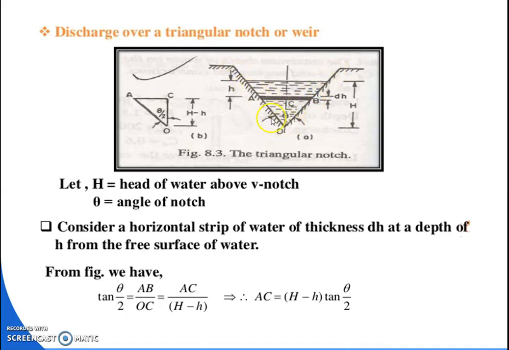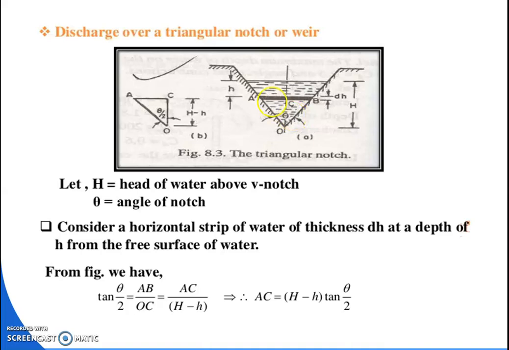This is the V shape, the opening over which the liquid is passing, where capital H is the depth of liquid over the triangular notch. Theta is the angle of the triangular notch.